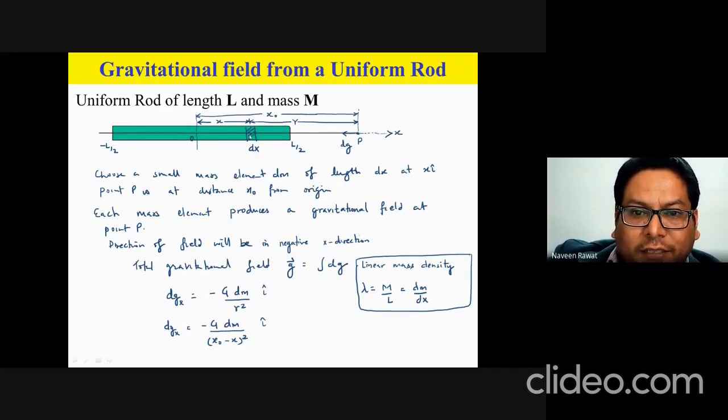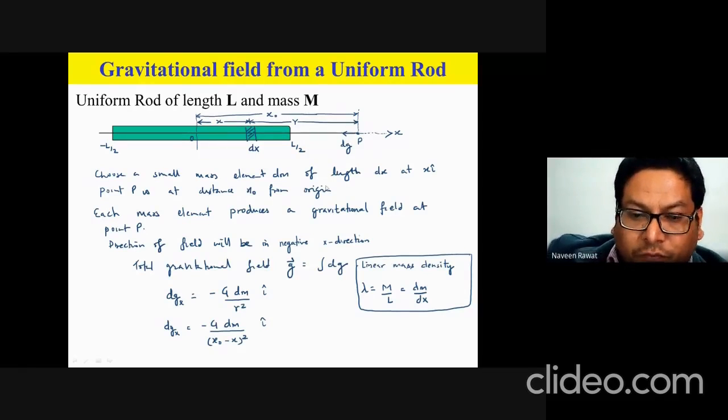When we integrate this, we will get the entire mass of the object, and we will get the entire gravitational field that is created at point P. Just by convention, this dg will be pointing towards the source mass element that is creating the gravitational field. When we integrate this, we will get the entire value of g.